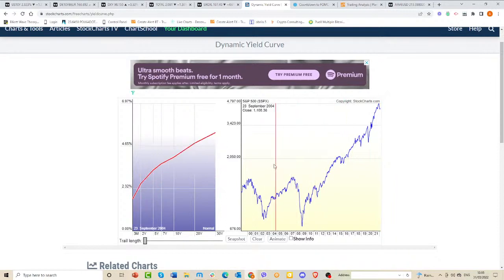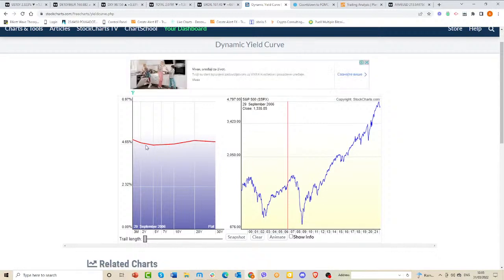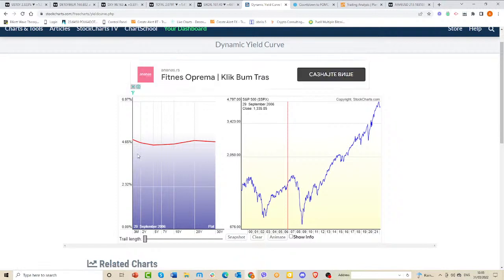If we go from, let's say, the end of 2006, you will notice that the yield curve is inverted almost totally. Yield curve inversion means that a recession is potentially very close, because the shorter durations are priced higher than the longer durations, which is an unnatural thing, and the market is anticipating that because the economy is heated up, the Fed will of course raise rates and try to cool it off.